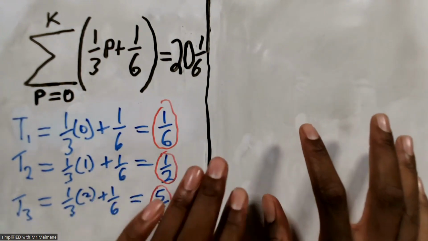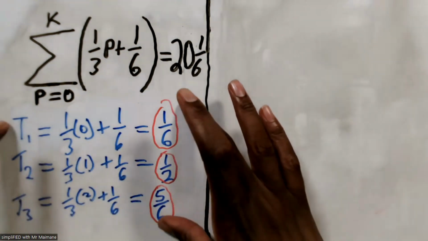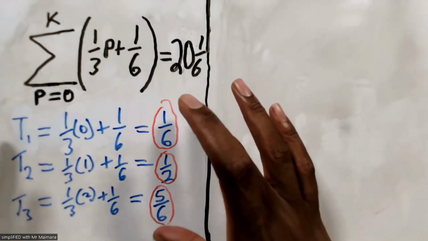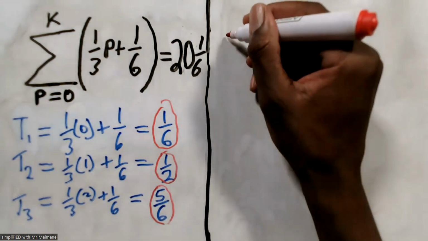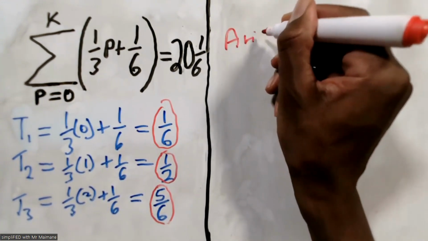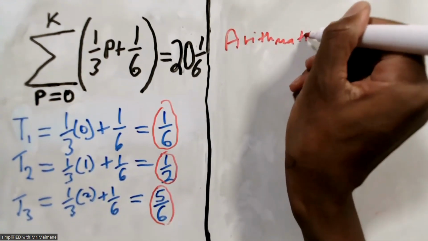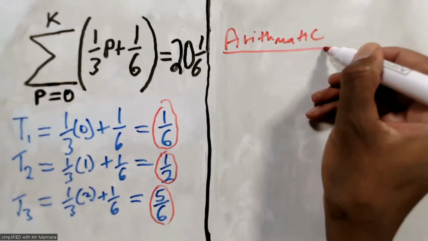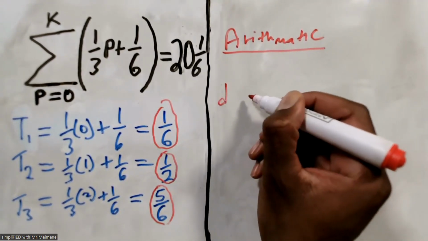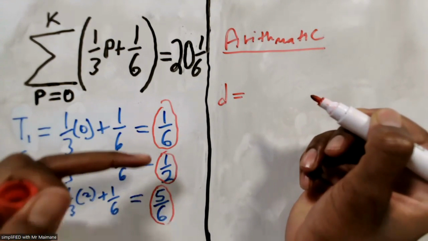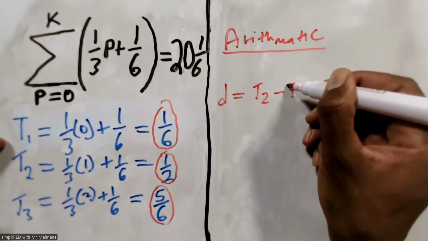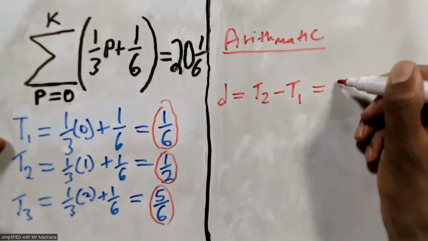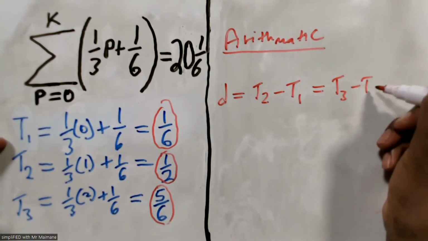Now, for us to determine if this is an arithmetic or a geometric sequence, this is what we do. For an arithmetic sequence, if we calculate the common difference on our three terms, we have to find that when we take T2 minus T1, it is the same as when you take T3 minus T2.